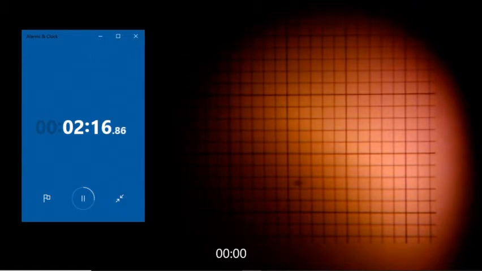The barometric pressure is 100,920 pascals. One more time: the barometric pressure is 100,920 pascals.